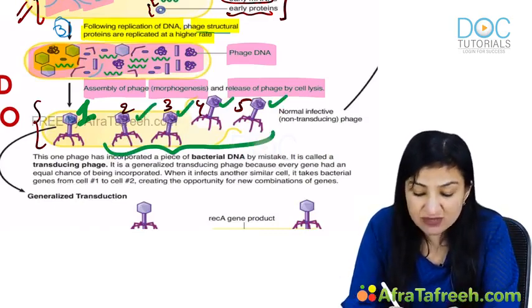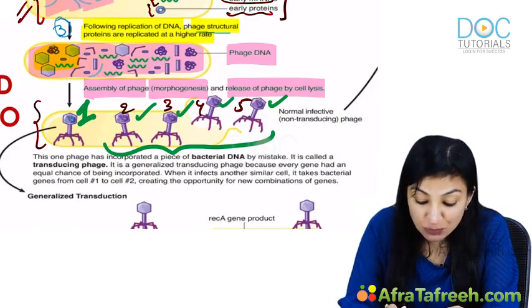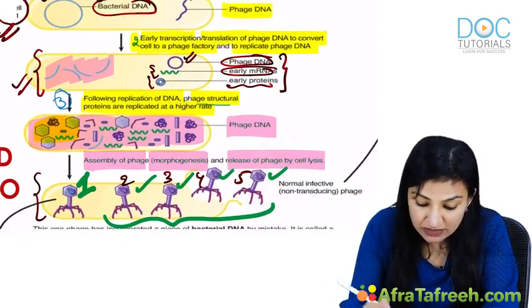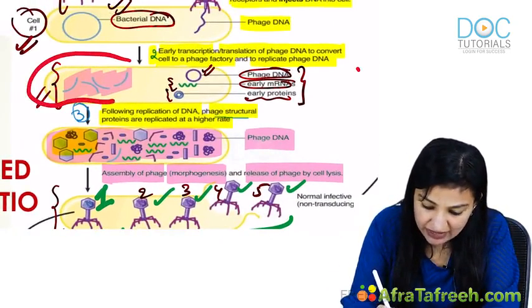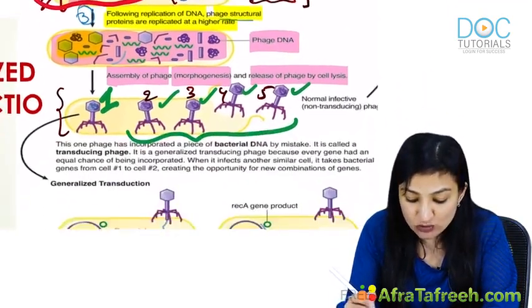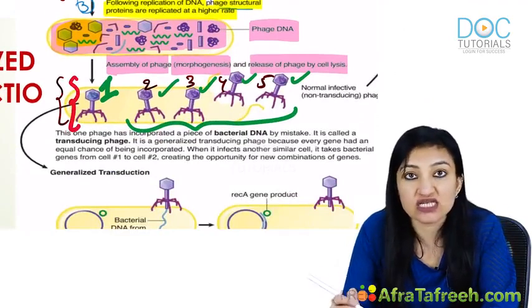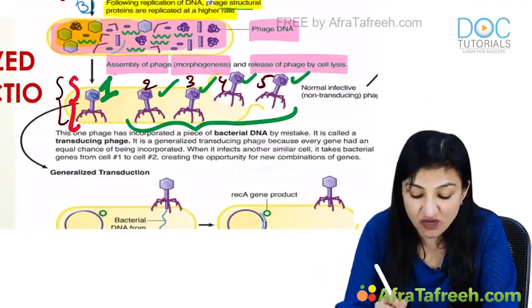Why is this blue DNA present in daughter phage number 1? This blue DNA, let me use red color to encircle this, is one of the broken fragments of the bacterial chromosome that has been erroneously picked up during assembly of phage number 1.